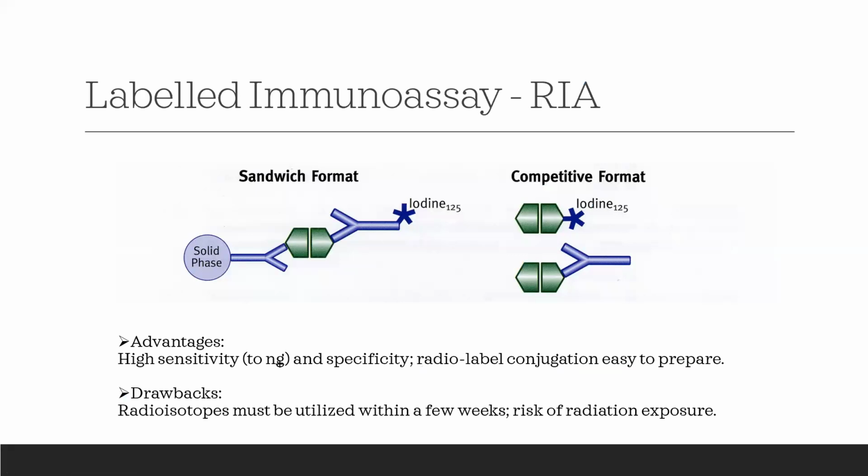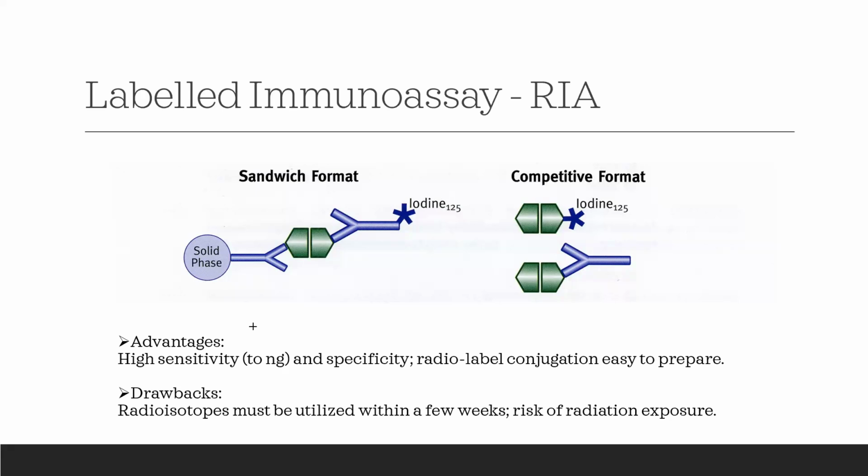This slide gives a very brief introduction to RIA. RIA can be either a competitive format or a non-competitive sandwich format. Iodine-125 is the most common isotope we use as a radioactive label. The advantage of RIA is that it is very sensitive, down to nanogram, and specific as well.